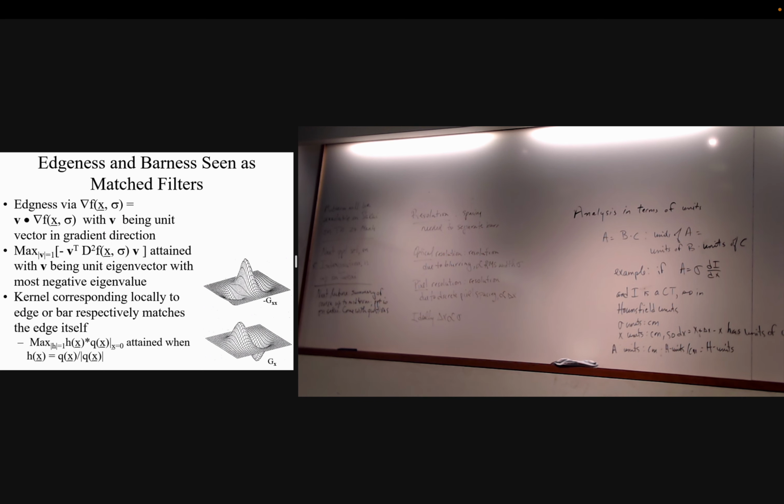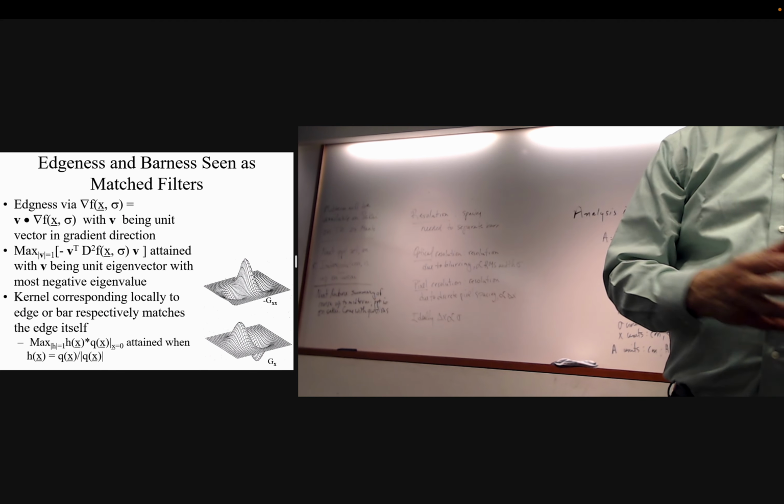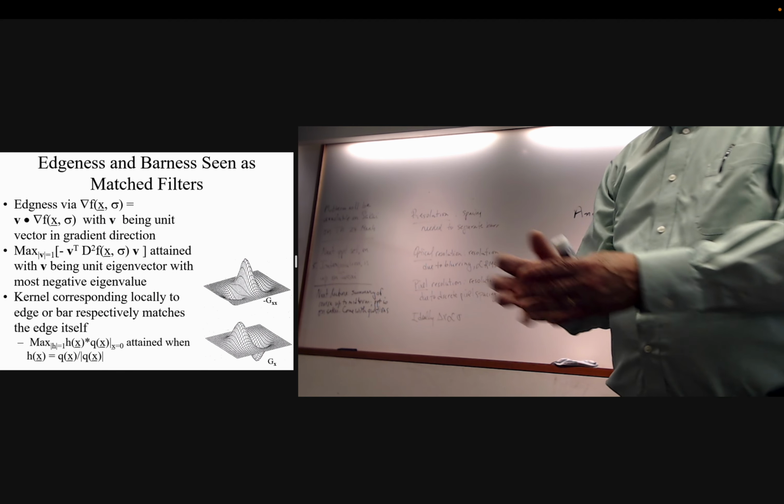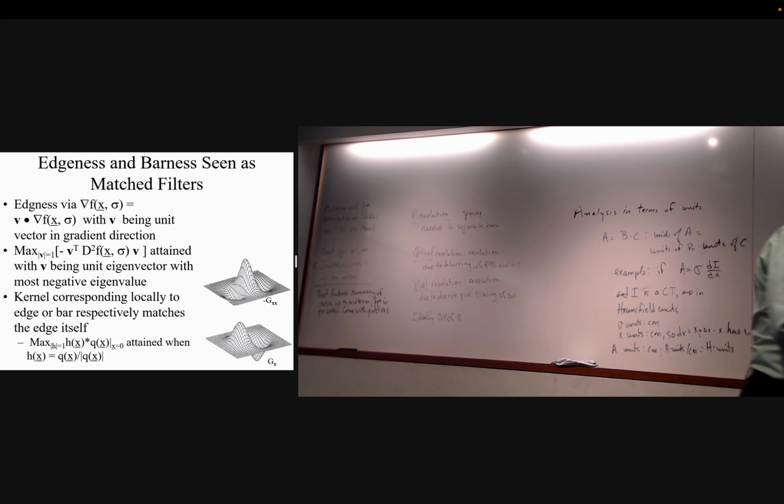And we said that we would like the slope at an edge to be matched to the derivative operator, its slope at the middle of the edge. Okay? And we said that for a bar, we would like the bar width to be matched against the sigma of the second derivative operator that we use.